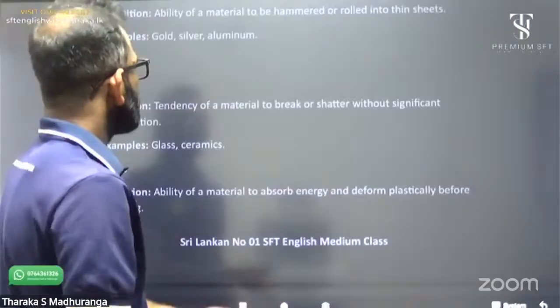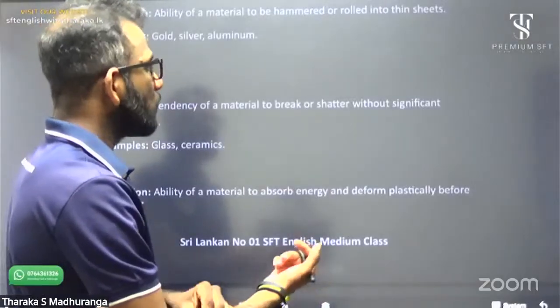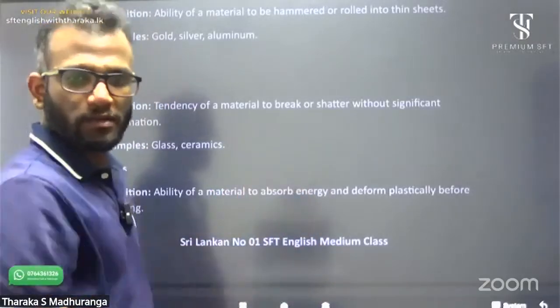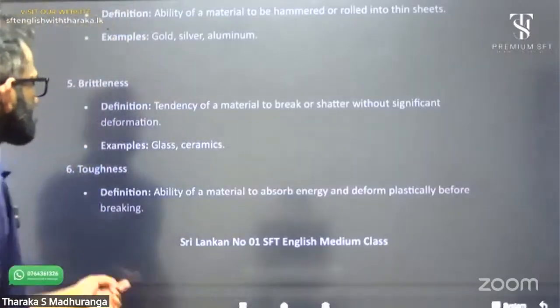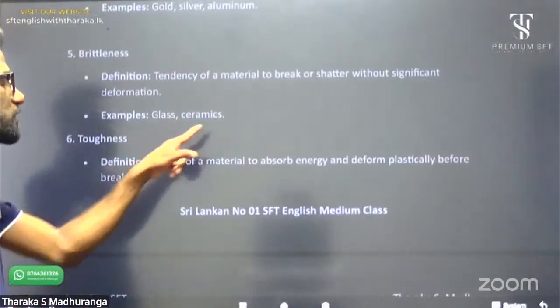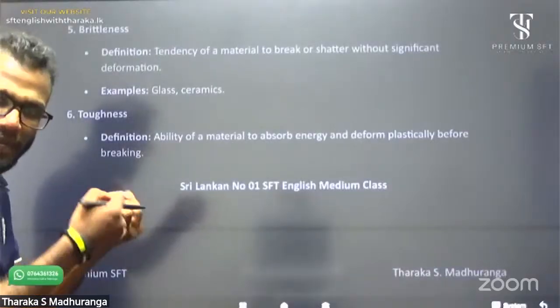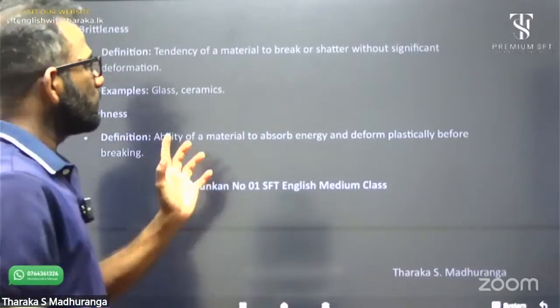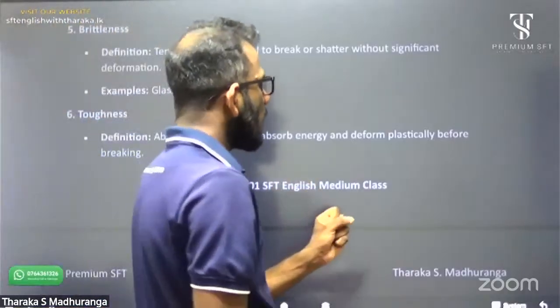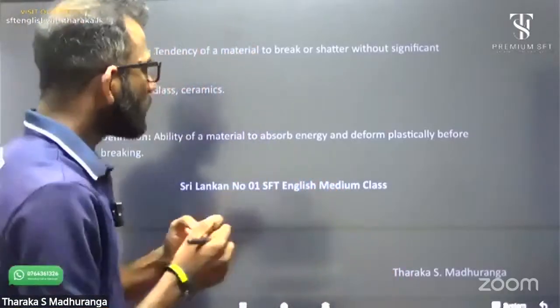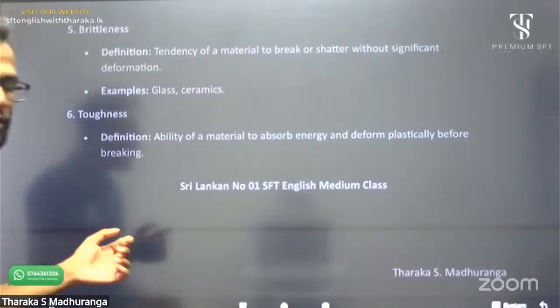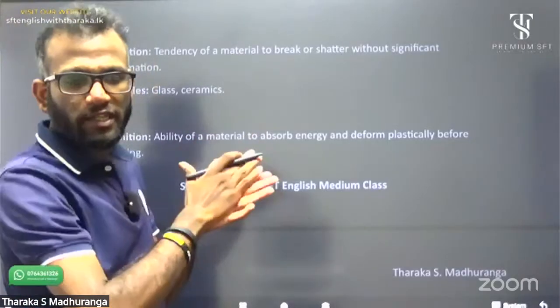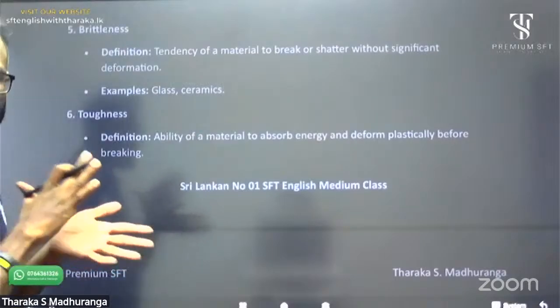Brittleness: the tendency of a material to break. Glass and ceramic break easily, right? Toughness: the ability of a material to absorb energy and deform plastically before breaking.